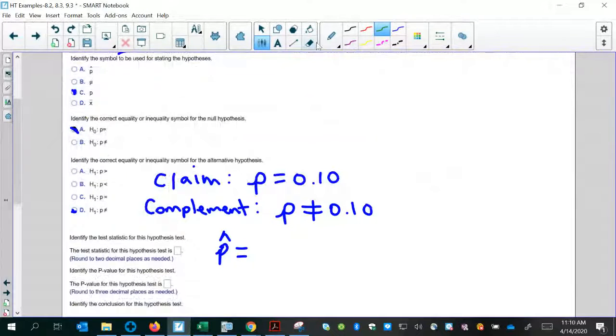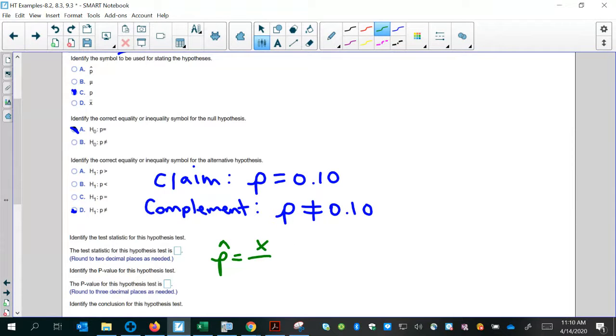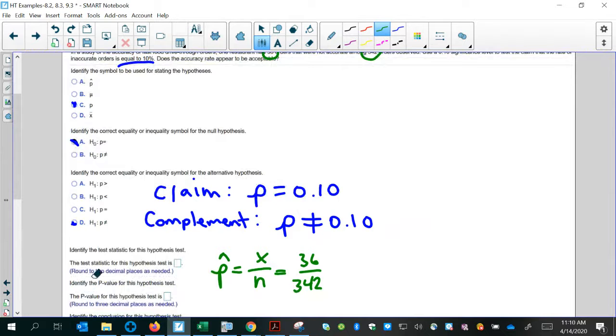The sample proportion, and I like to use green for sample stuff, so I'll switch here. The sample proportion p hat is found by taking the number of successes divided by the sample size. So we'll take that 36 and that 342 to make our sample proportion. It says round to 2 decimal places, but remember, we're not just asked for the statistic, but we're asked for the test statistic.